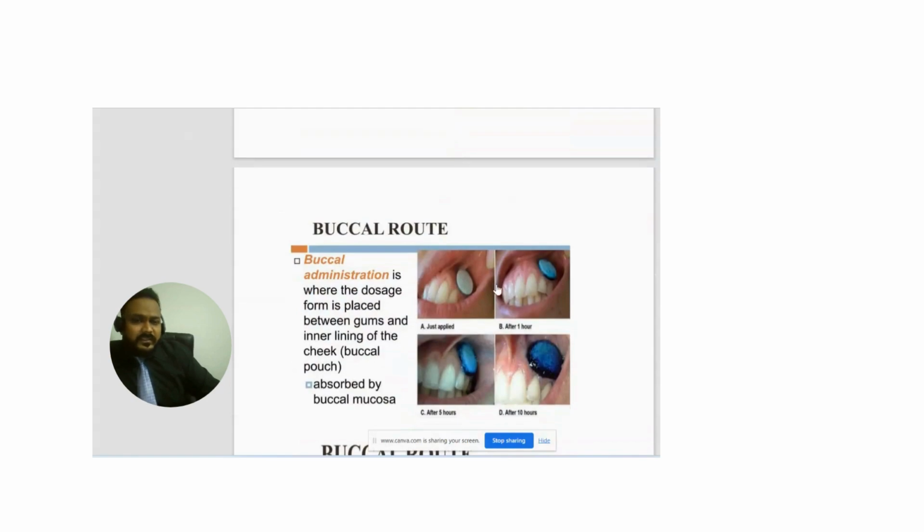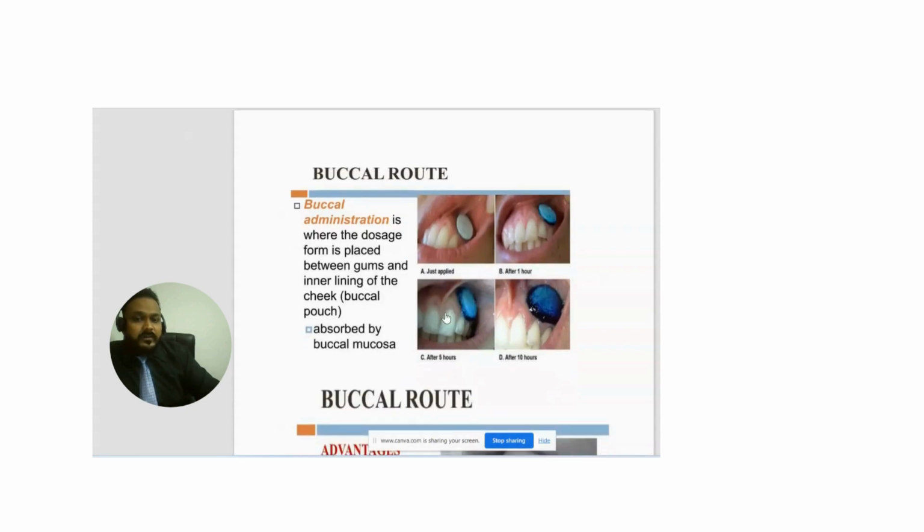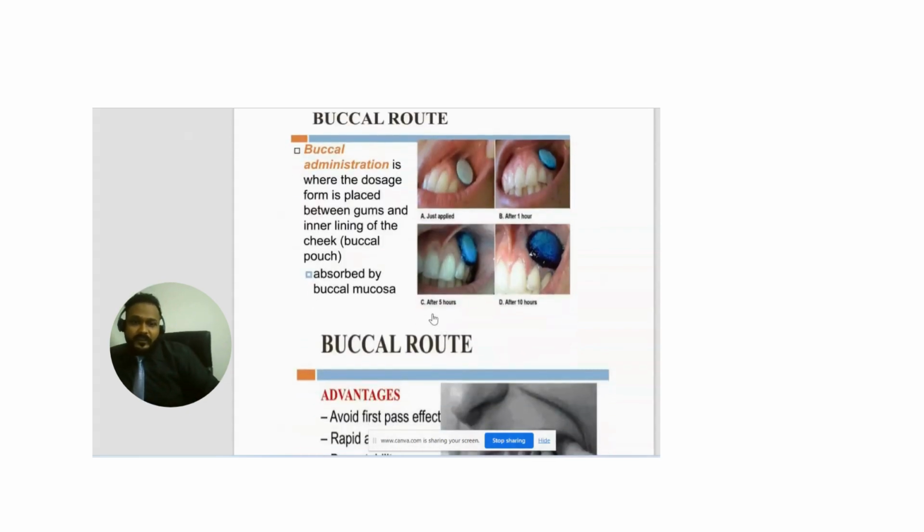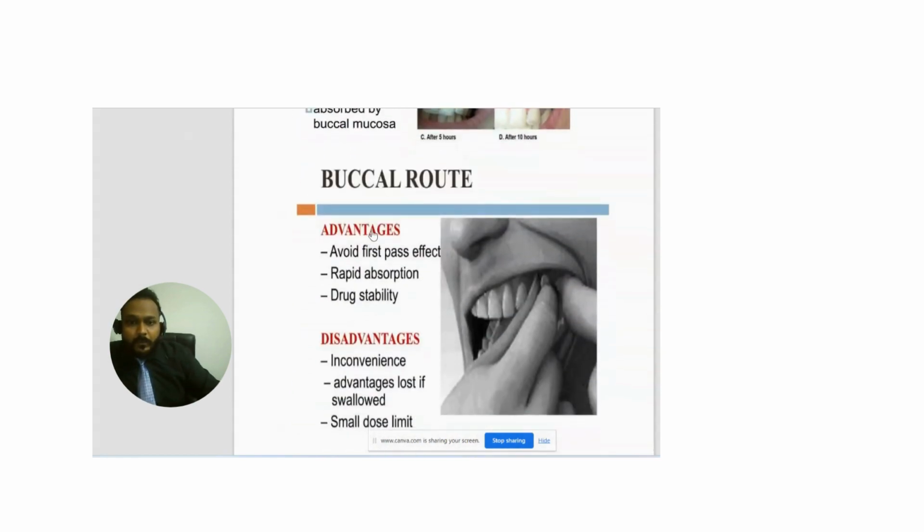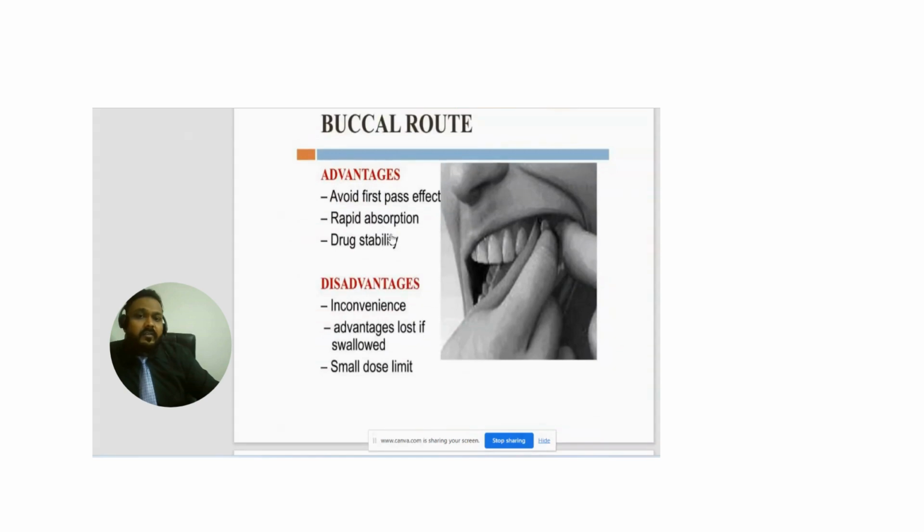Now, here in this image, we can see the route of the buccal cavity. The drug is placed under the gum and inner lining of the cheek. It's called the buccal pouch. So, the drug is placed in the buccal pouch and it is absorbed slowly. So, it takes time to absorb the drug for giving action. Now, the advantages and disadvantages of buccal route: it avoids the first pass effect, rapid absorption is there, and drug stability is there.